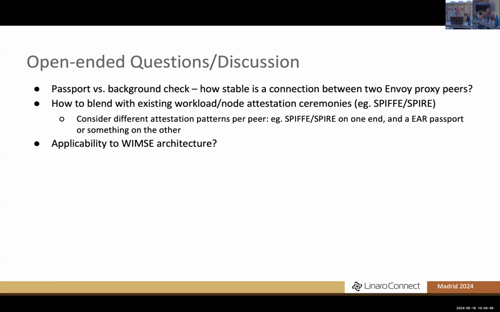I just want to make that decision globally across the whole system, and then use attested TLS with the attestation credential to prove just that one aspect of the whole mesh.